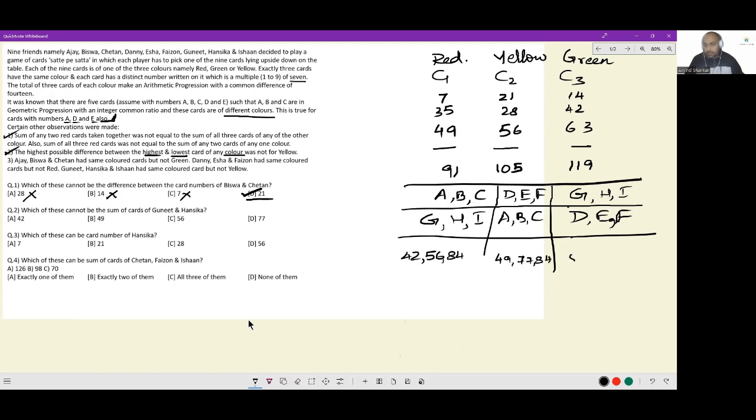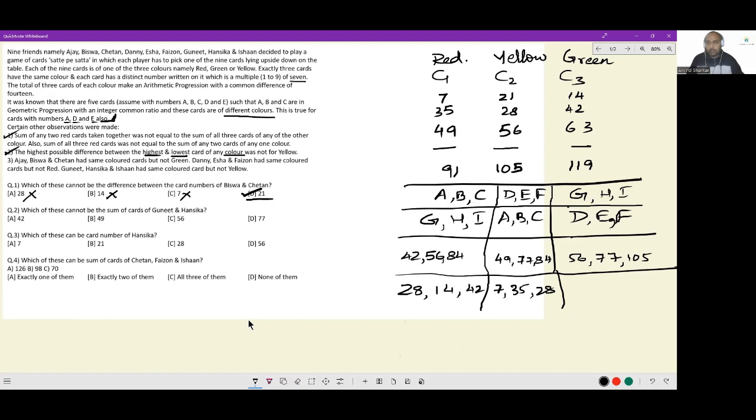And here the summations will be 56, 77, and 105. These are the three summations of cards taken two at a time, and differences would be 28 and 14 and 42. Here the differences will be 7 and 35 and 28.